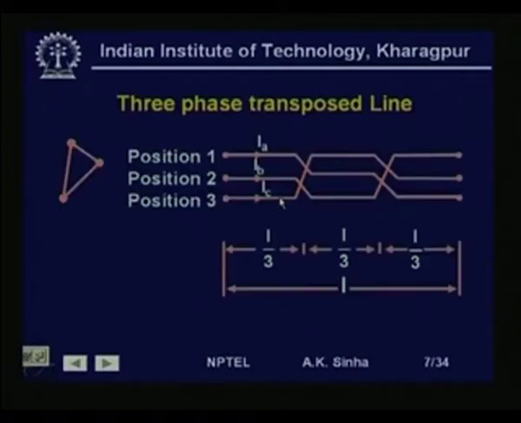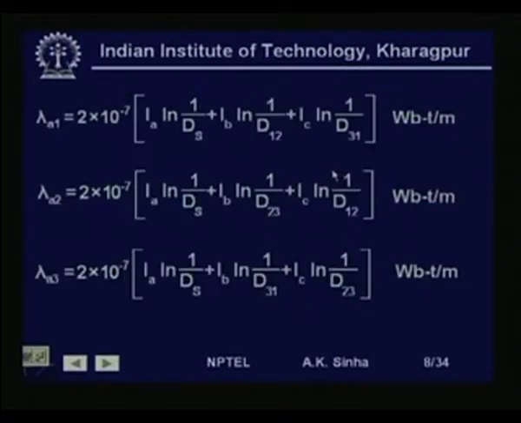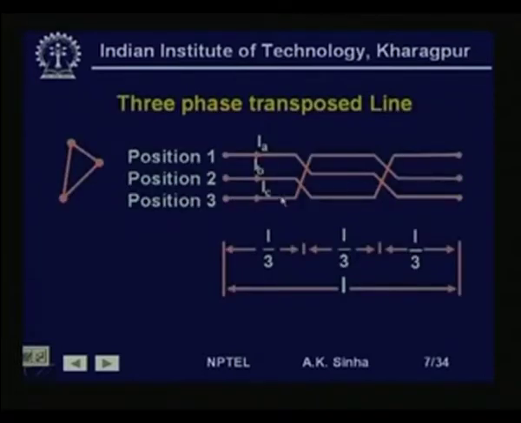If we see here, I B is now in this position, I A is in this position, the distance between these two is d 2 3. Plus I C log n 1 by d 1 2, again if we see I C is flowing in this and I A is flowing in this. So, the distance between them is d 1 2.